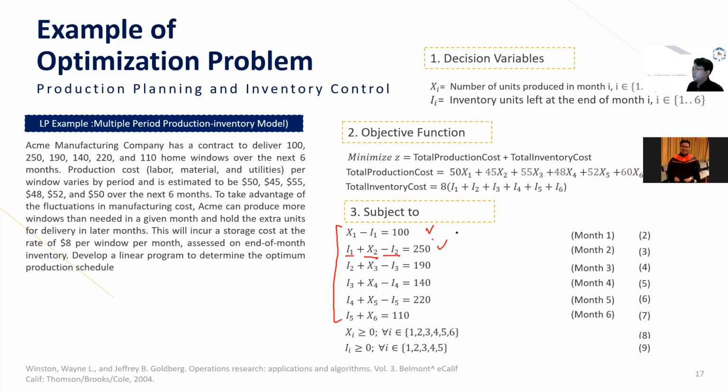We formulate the same way for month 2, month 3, month 4, 5, except month 6, where we will not consider inventory, because there is no month 7 to be filled here. It's out of the consideration in this problem.